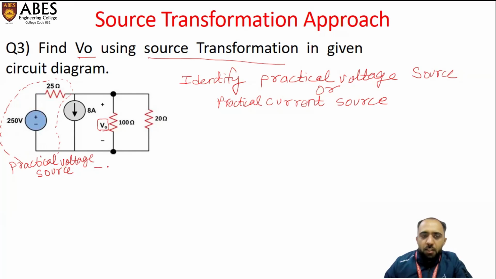We can convert this practical voltage source into the practical current source. Right? When we convert this into the practical current source, all the branches will be in parallel. So let's look at what we need to convert.